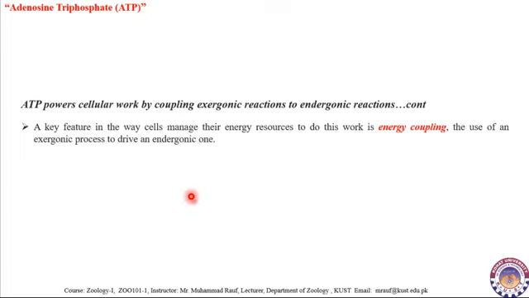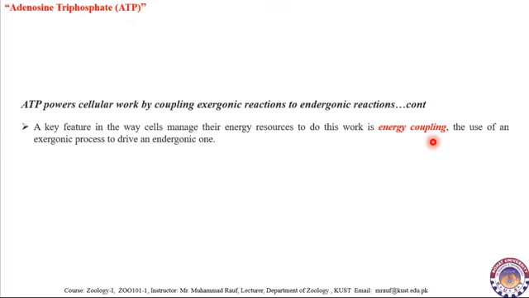Now, a key feature in the way cells manage their energy resources to do this work is energy coupling. Energy coupling means wherever an endergonic reaction is involved, alongside that an exergonic reaction will be occurring.